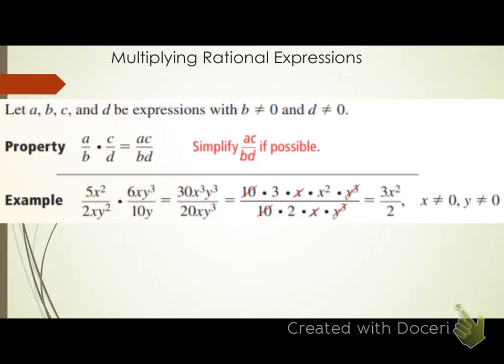So only one set of x's is going to cancel out. That leaves me with 2 x's in my numerator. And then all the y's cancel out because there's 3 up top, 3 in the bottom. So we get 3x squared over 2. And they're specifying here x cannot equal 0 because that would make my denominator 0. Y cannot equal 0 because that would make my denominator 0.